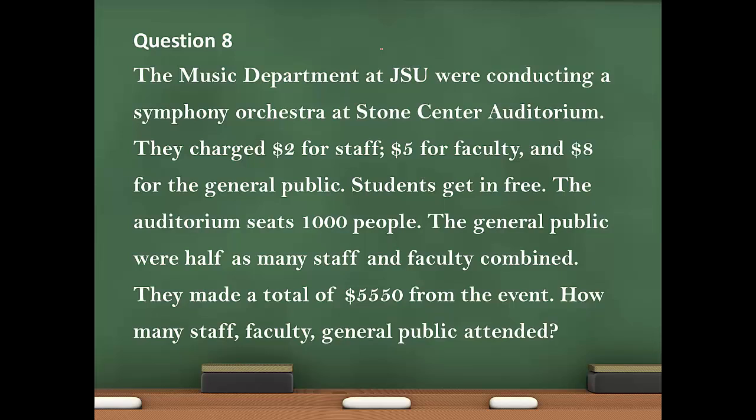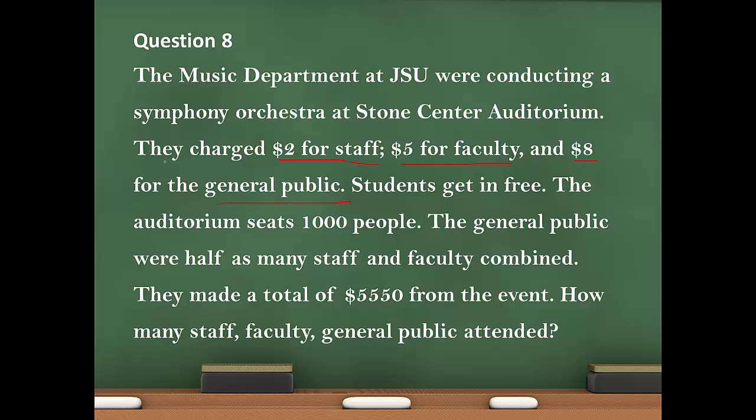Question 8. The music department at JSU, Jacksonville State University, is conducting a symphony orchestra at Stone Center Auditorium. They charged $2 for staff, $5 for faculty, and $8 for the general public.